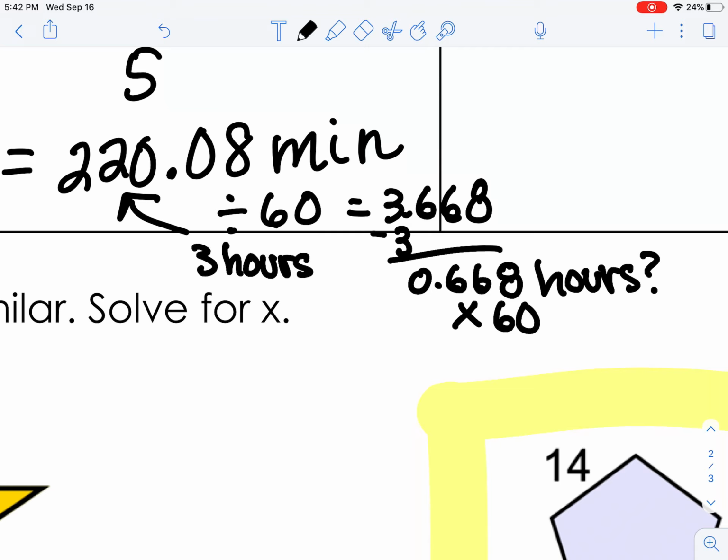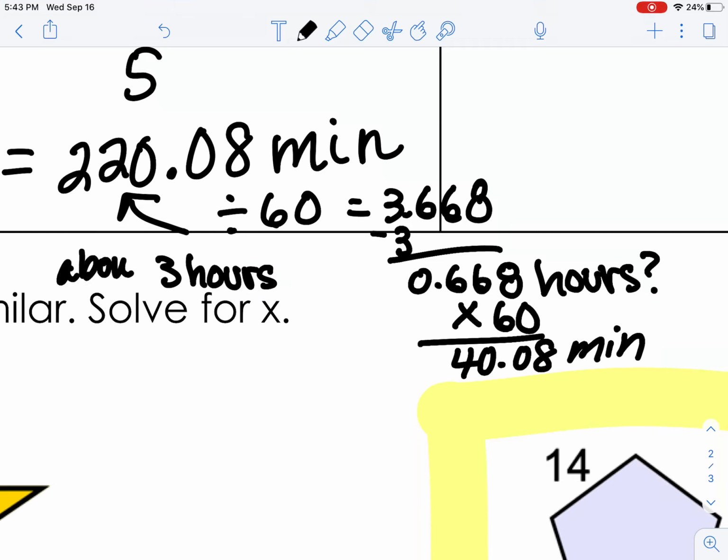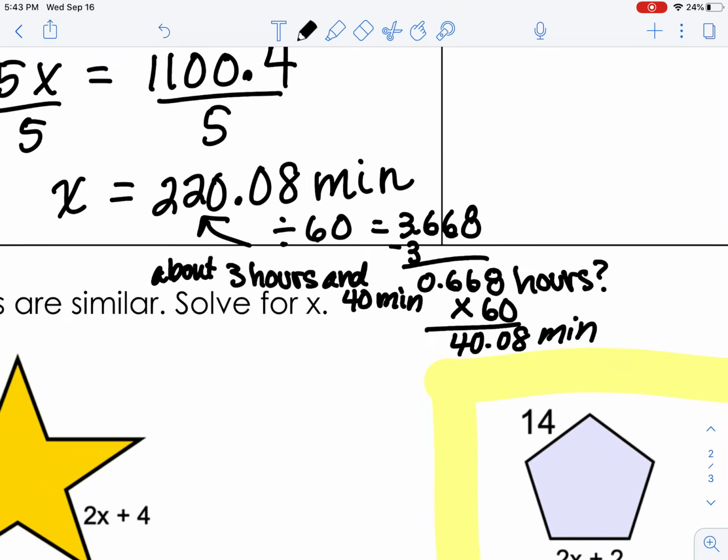So if we multiply that by 60, we're going to get 40.08 minutes. So a better answer would be 3 hours, or you could put the word about 3 hours and 40 minutes, or you could say 40.08 minutes.